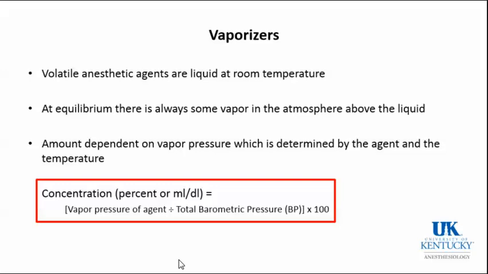The amount of vapor sitting above the liquid is determined by the agent and the temperature. And the concentration is given by the vapor pressure of the agent divided by the total atmospheric pressure, barometric pressure, times 100.